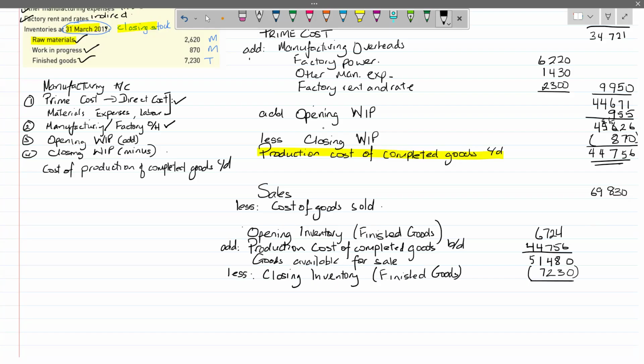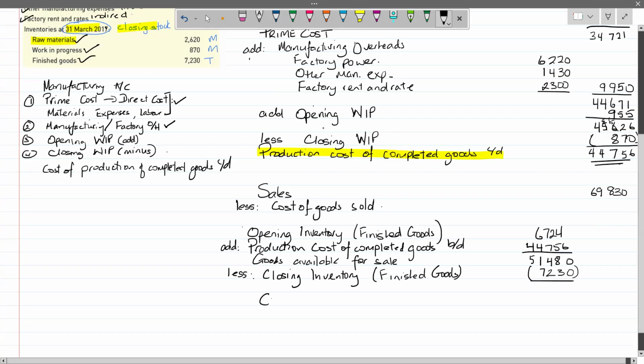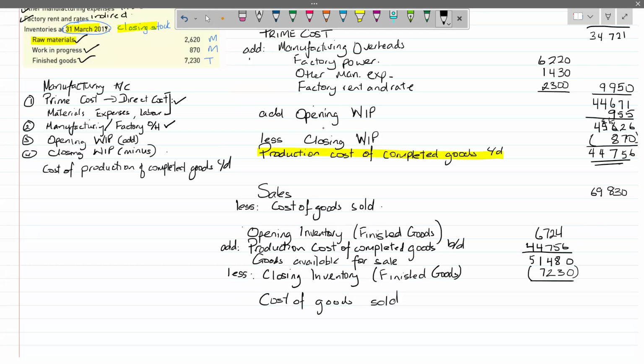When I subtract that now, that's going to give me what we call our cost of goods sold. 0 take away 0 gives me 0. 8 take away 3 gives me 5. 4 take away 2 gives me 2. Got to borrow 1 from here. 11 take away 7 gives me 4.